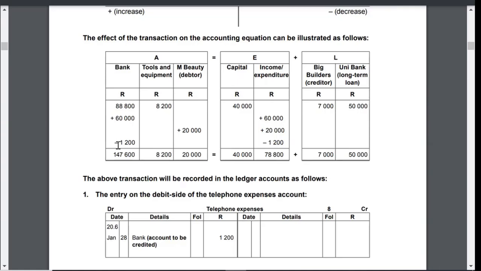Bank, an asset, is minus 1,200. It's decreasing. And equity: an expense will always decrease your equity. That's why it's a minus 1,200.